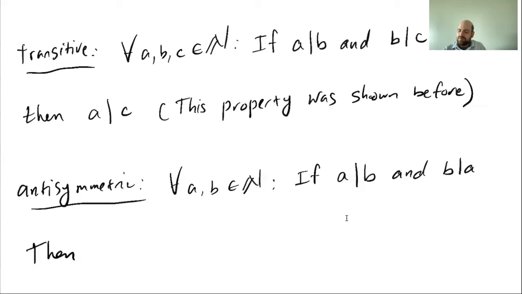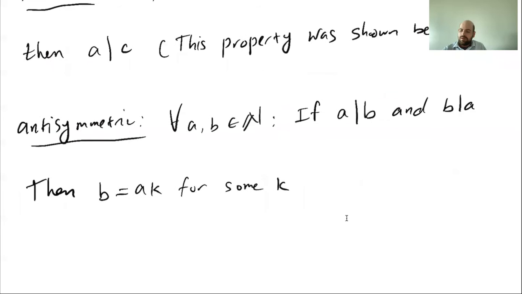So if A divides B, then we can say that B is equal to AK for some K. And we can also say that B divides A as well. So I can say A is equal to BK prime for some K prime.